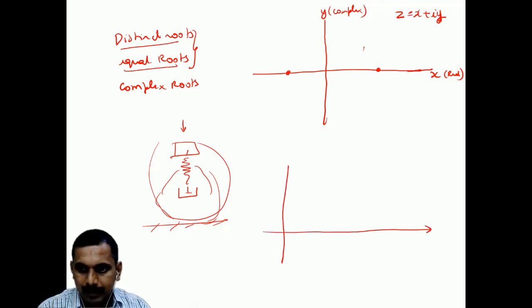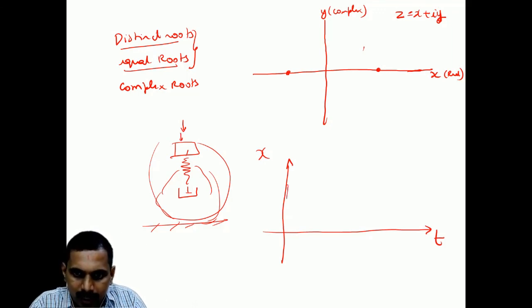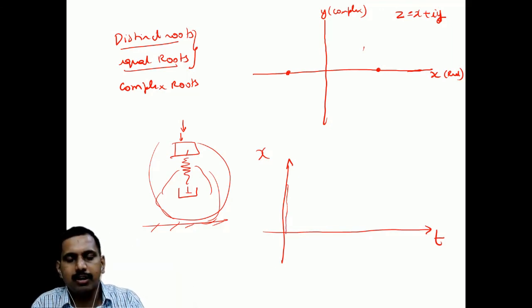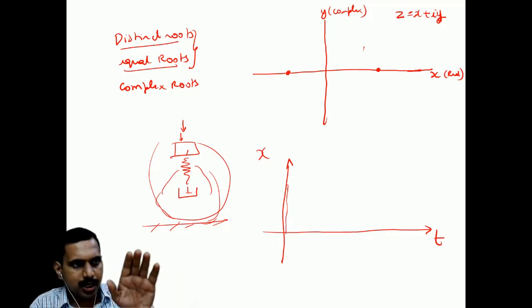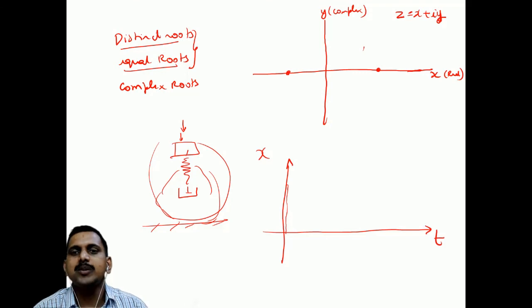There may be, this is the time axis and this is the response axis, I will tell you. So if I make a small response, generally it is called a delta function, the Dirac delta function, where you just hit it, just like hitting with a hammer, and then see what happens.